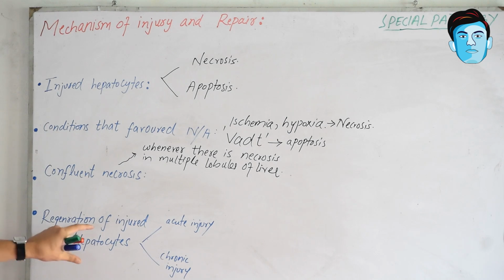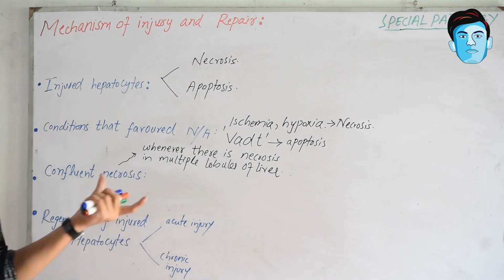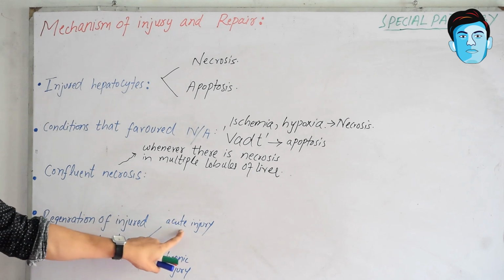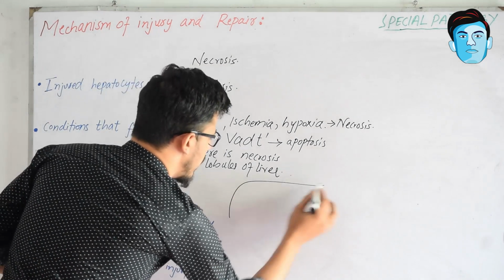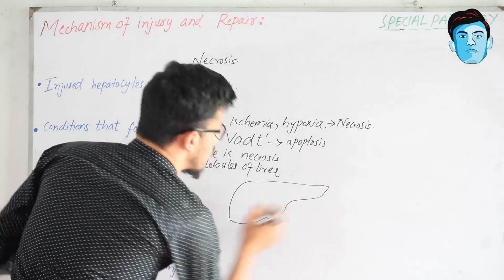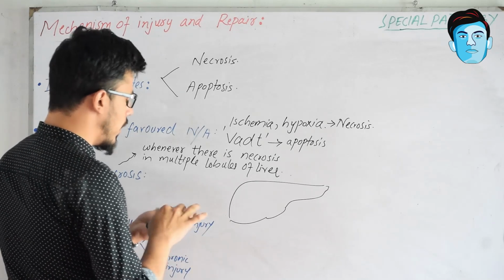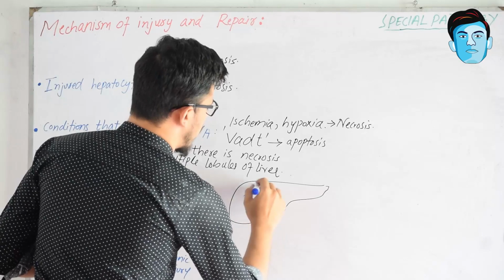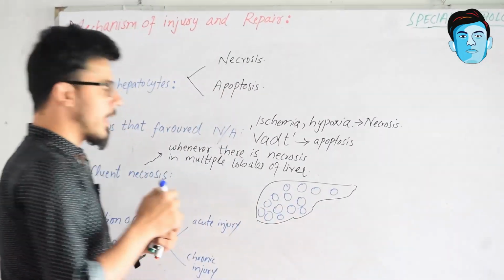Now, there is another thing, the regeneration of injured hepatocytes. How does the liver cell become regenerated? In acute injury, say this is the liver, and inside the liver there are a lot of hepatocytes.